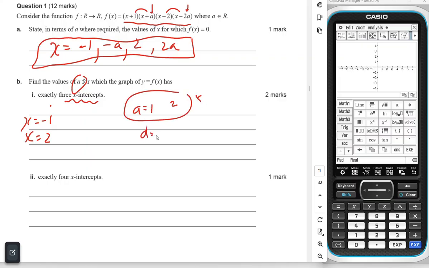If A equaled 0, then that would be a 0, that would be a 0, and the other 2. So A equals 0 is one of the answers I want. If A equaled -2, then these two would be the same, that would be different, and this one would be different.